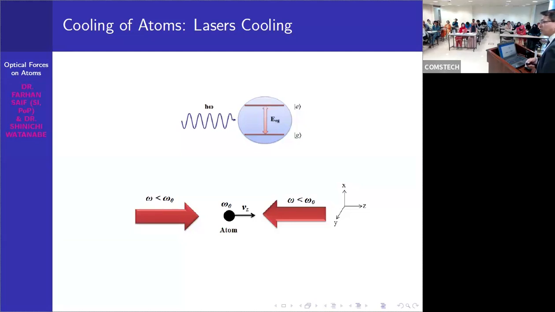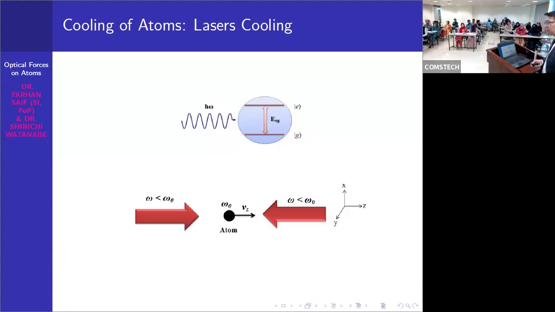We have another photon field coming from the opposite direction, for any atom which is going in the opposite direction to this. This way we are in a position to reduce the velocity of the particle once the interaction happens over many times.